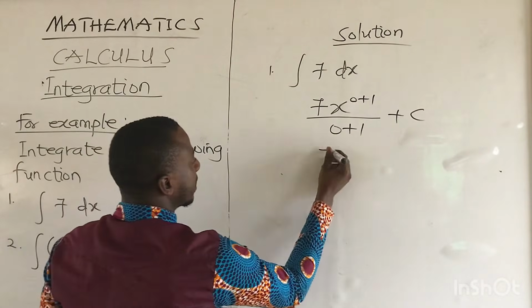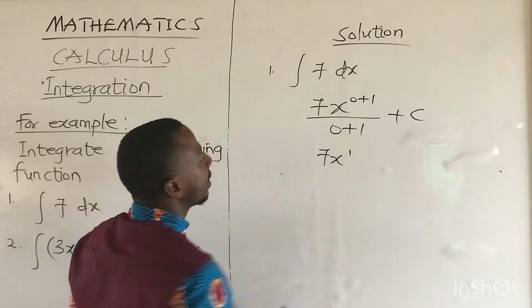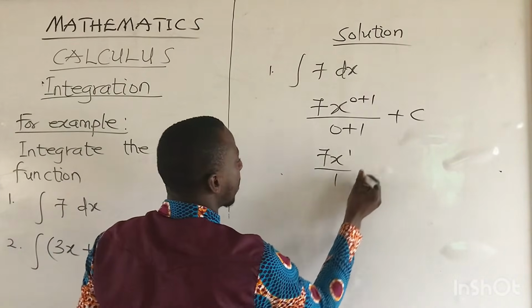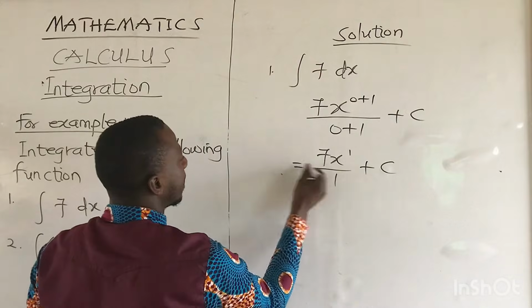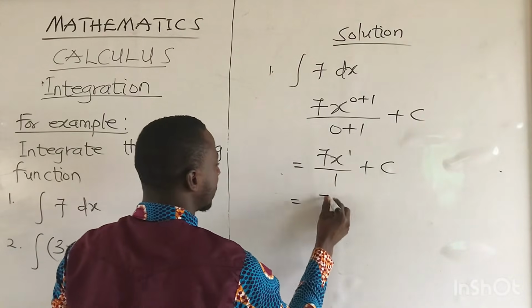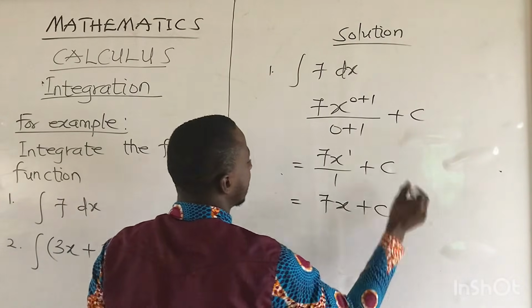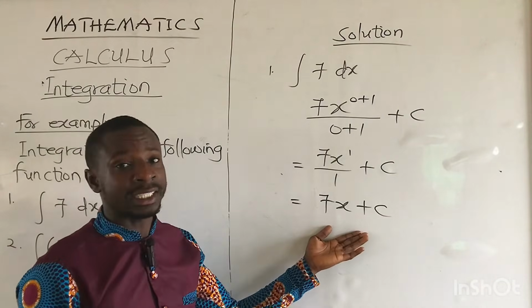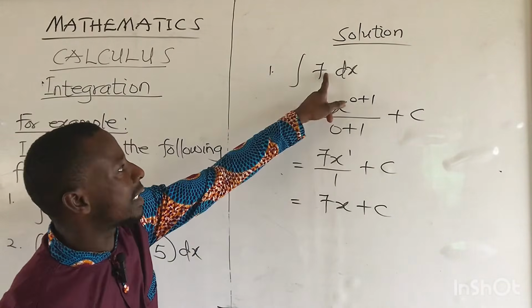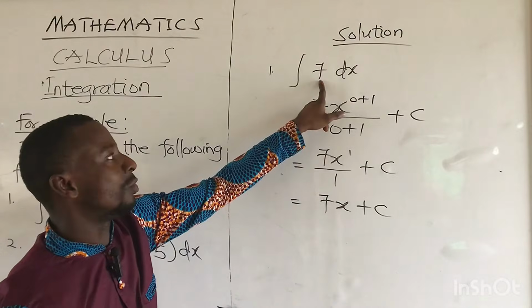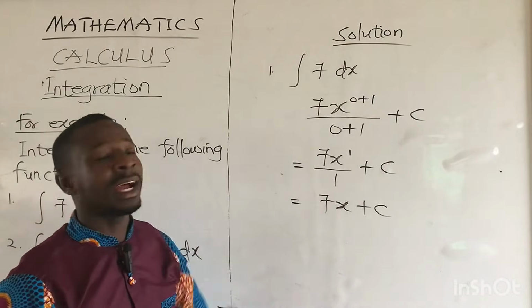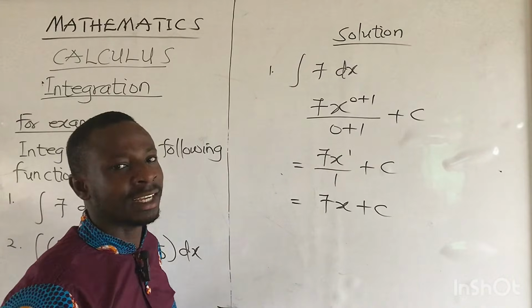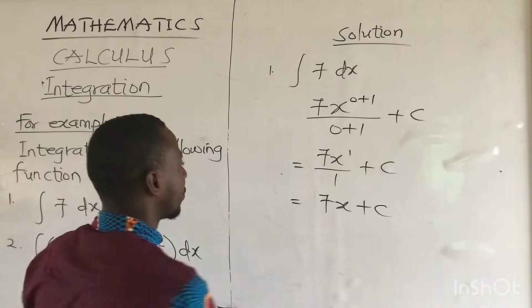So we are going to get 7x power 1, 0 plus 1, we still have 1, all over 1 plus c. Then our final answer is 7x plus c. So anytime you are integrating a constant, you can just add x to the constant here plus c, and that becomes your final answer. Let's look at the second example.